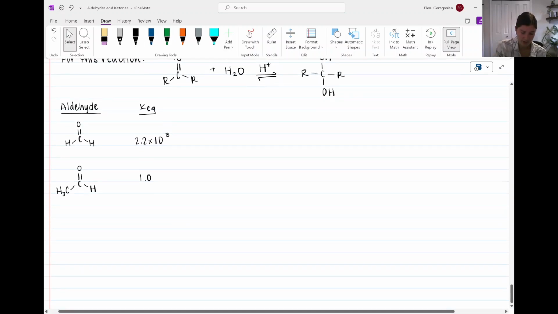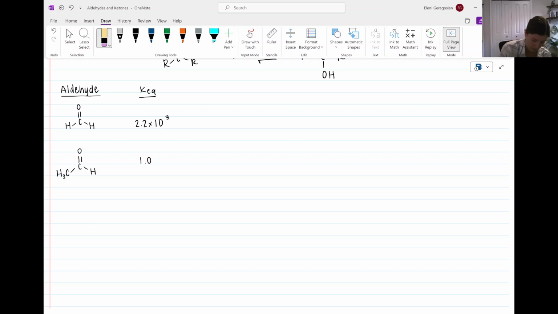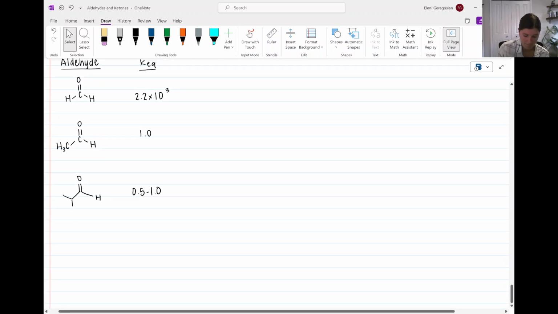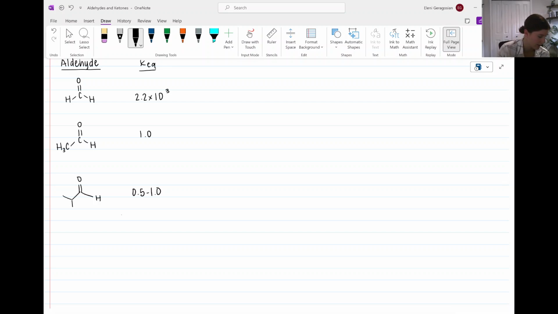Let's look at a couple more here. If we change the methyl group to an isopropyl group, the KEQ doesn't change very much. It's very close to the acetaldehyde.